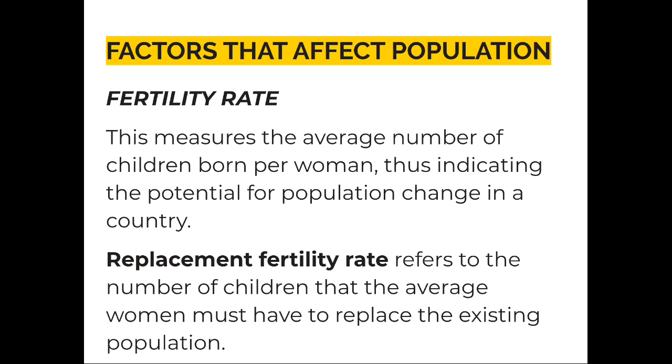For example, in China they used a one child policy. In Indonesia, or maybe in several countries, normally the replacement fertility rate is two. What does it mean? If they want to achieve optimum population, two is the maximum number per woman.